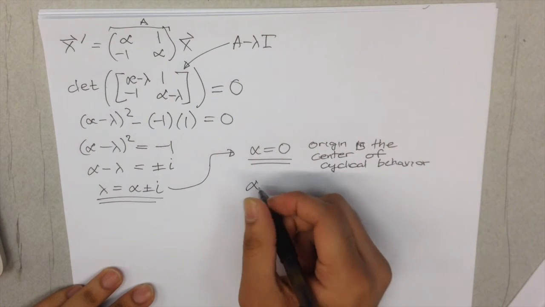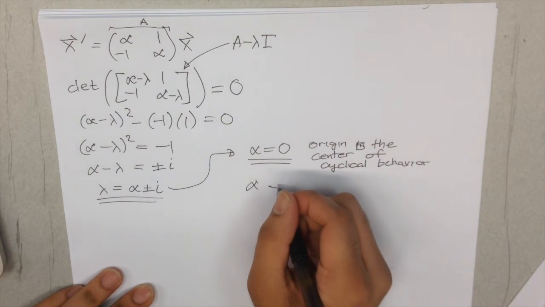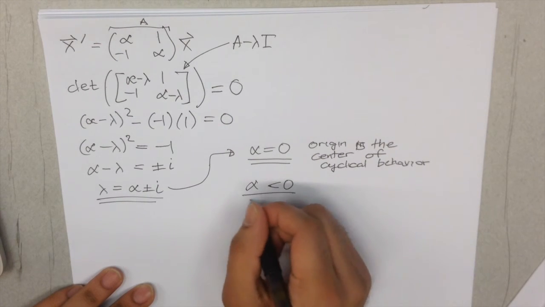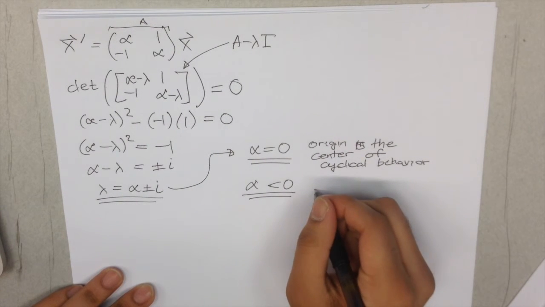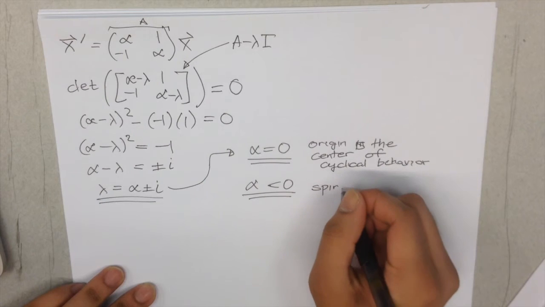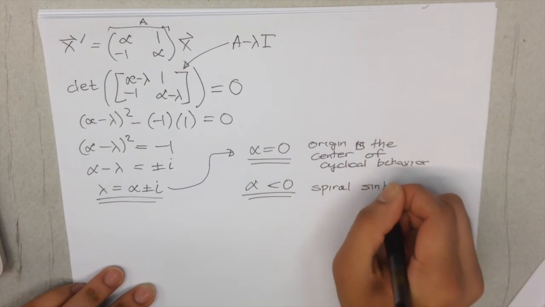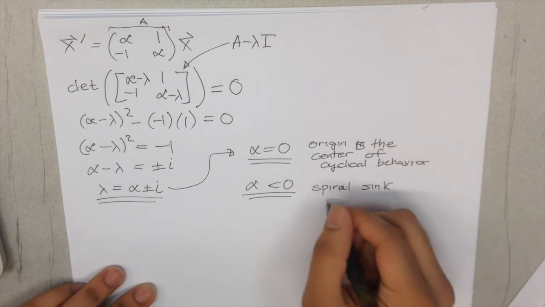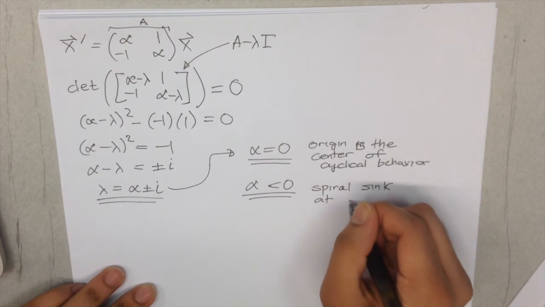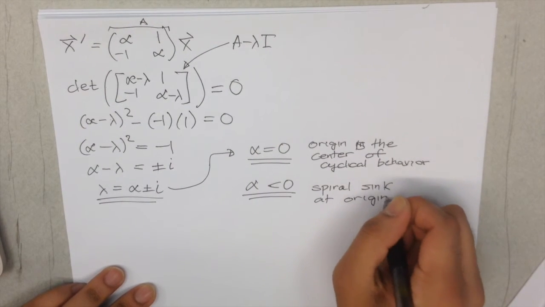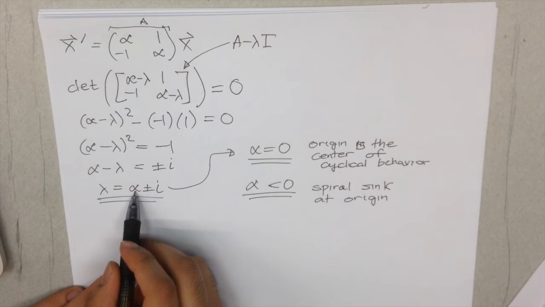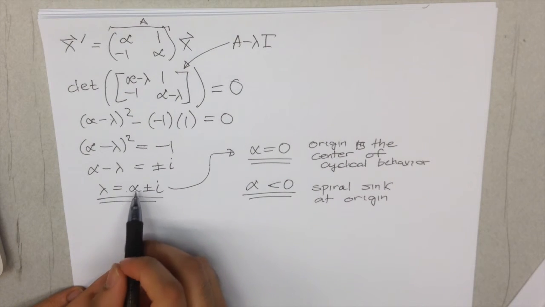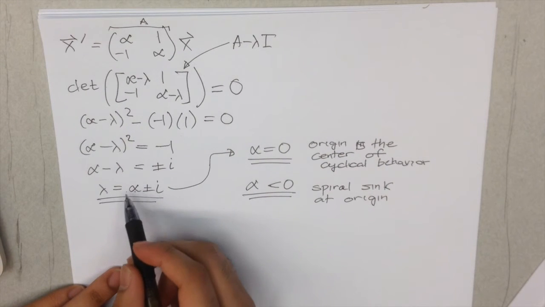If alpha is less than 0, we have something known as a spiral sink. We have a spiral sink at the origin. So what this means is that if alpha is less than 0, we have a negative real part for our eigenvalue. The origin is stable.